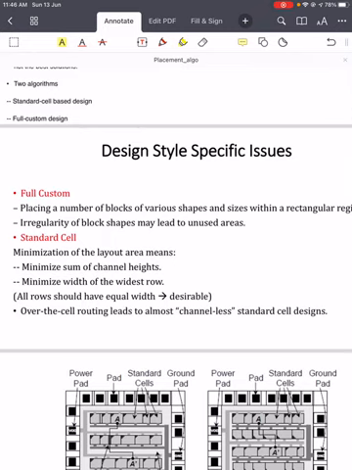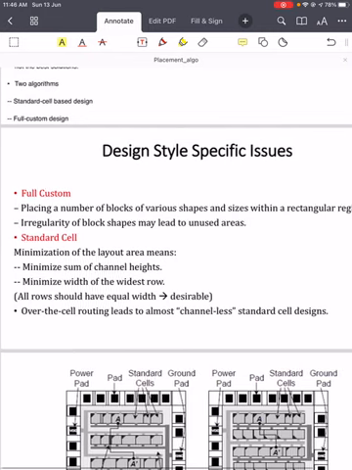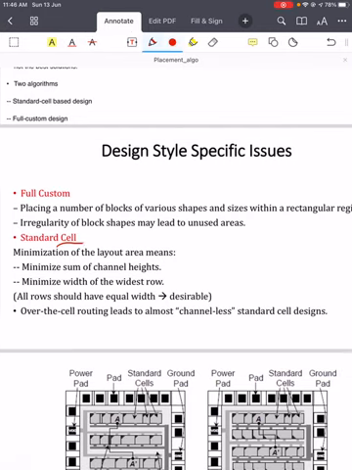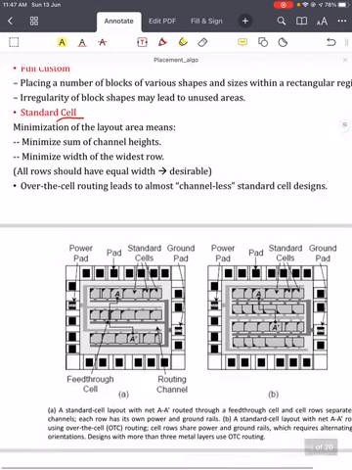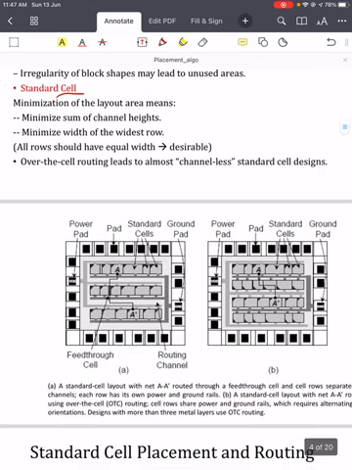But for standard cell design, we know that the placement problem is somewhat different. Why? Because in standard cell based design, unlike the full custom design style, the layout area is divided into several rows, and a row consists of cells placed next to each other.